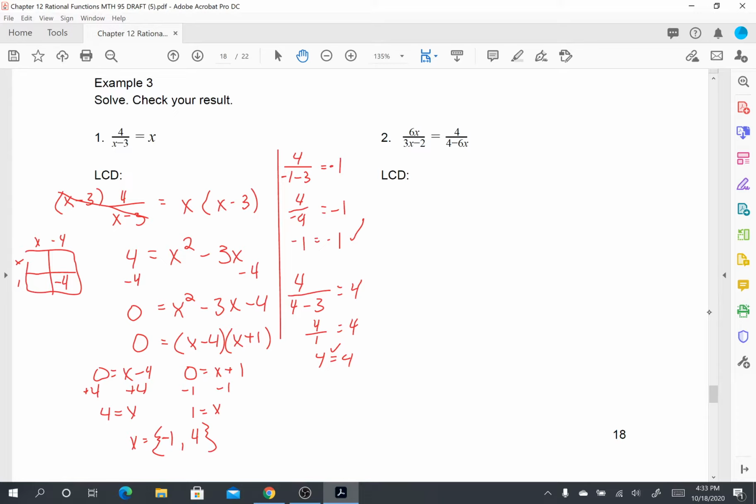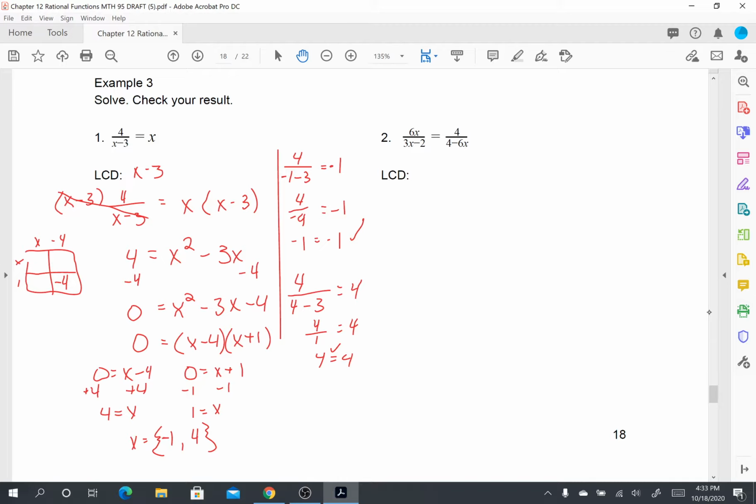Okay, and so in this one, the LCD asked me what it was. I never answered it. It was x minus 3. The LCD for this one is, let's see, we've got 6 x's, and we've got 3 x's, and we've got a 2, and we got a 4.